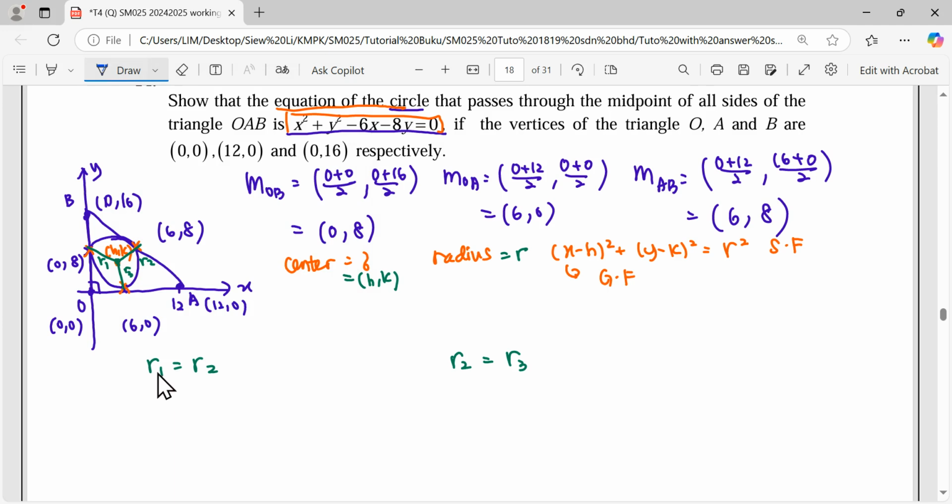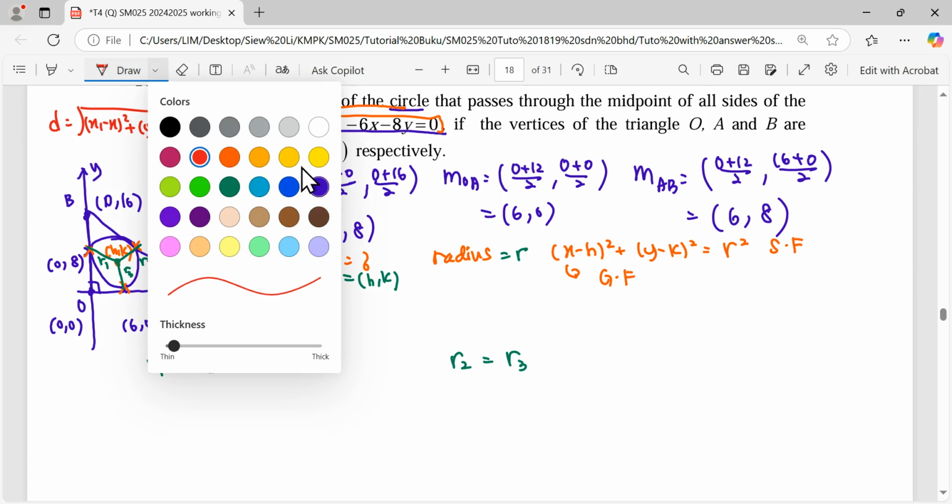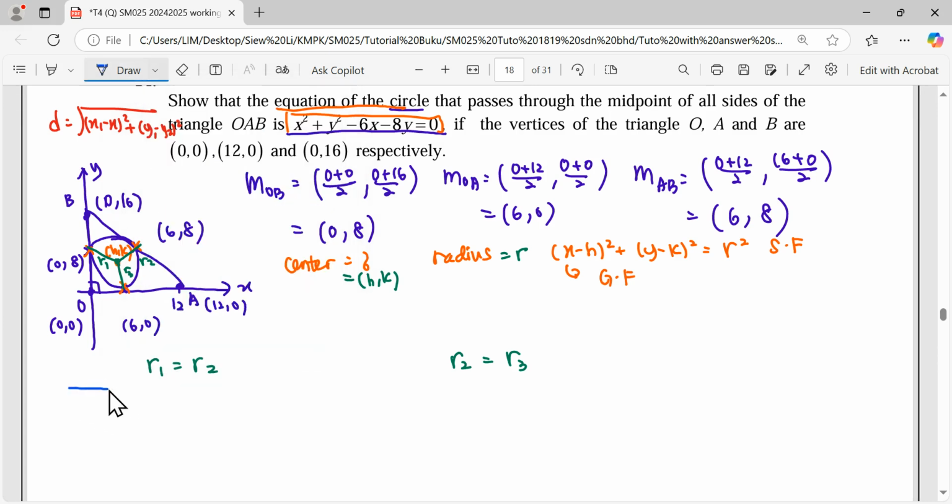To build the radius, from the center to the passing point, it will be the distance between 2 points. The formula for the distance between 2 points is the square root of (x1 minus x2) squared plus (y1 minus y2) squared. Therefore, starting with the center, R1 is the square root of (h minus 0) squared plus (k minus 8) squared.